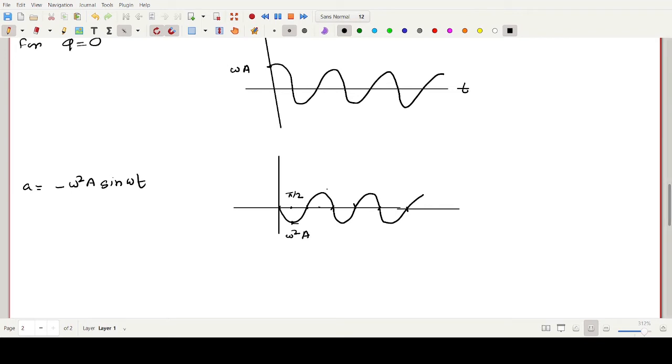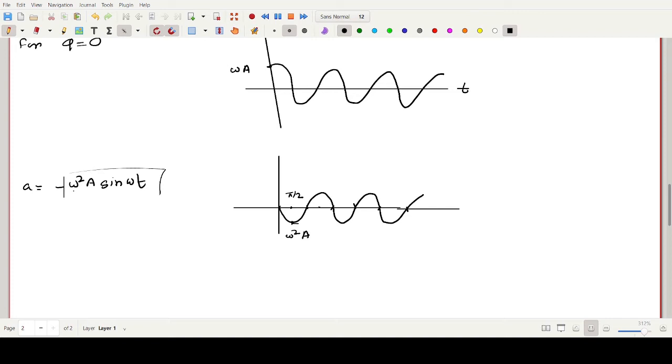So look, the acceleration and the displacement both are in the same phase, the argument of the sine function is the same, but there is a minus sign before this term in the expression of acceleration.